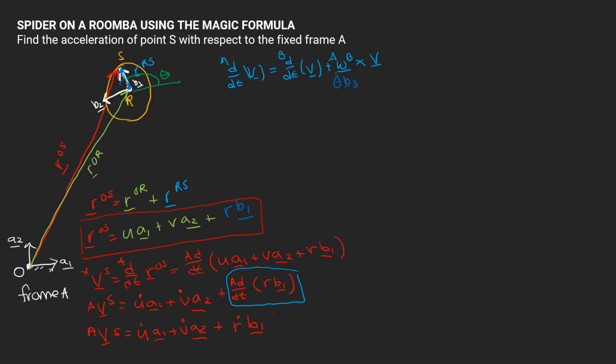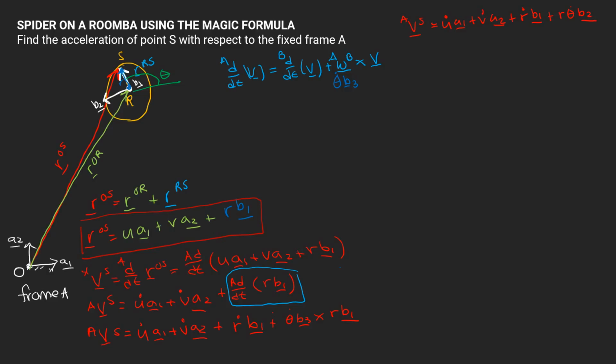So you take the cross product of theta dot b3 with r b1, and just to write this out up here, your final answer for the velocity of point S in frame A is u dot a1 plus v dot a2 plus r dot b1 plus r theta dot b2.